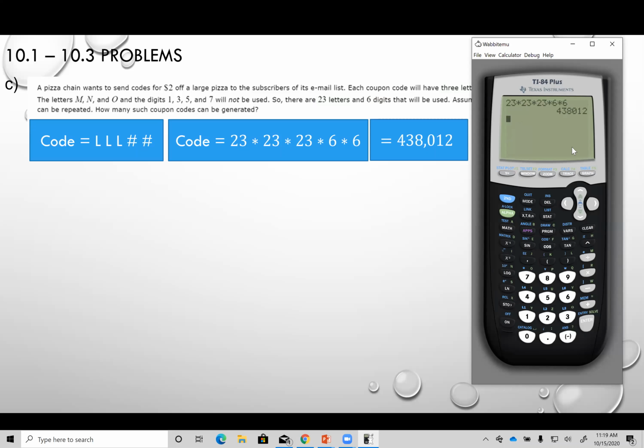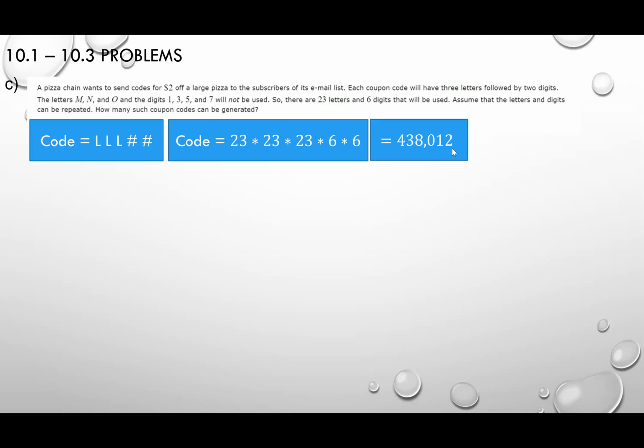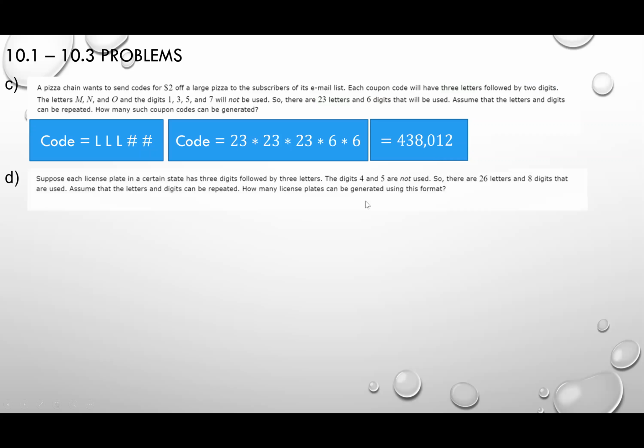Some of these problems have numbers that are a little bit big, so you want a calculator that can handle big numbers.